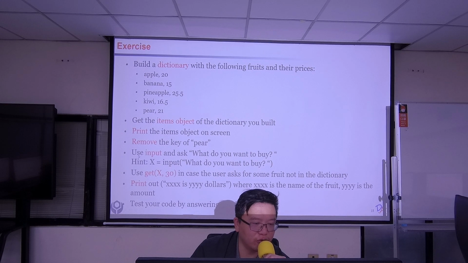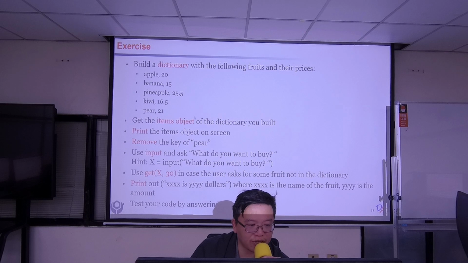Now, if you use input and ask what do you want to buy, I want you to get the response. For example, you use a capital X and say input what do you want to buy, and the user is going to name some fruit, and the name of the fruit will be saved inside X. Then you are going to make good use of the get function.